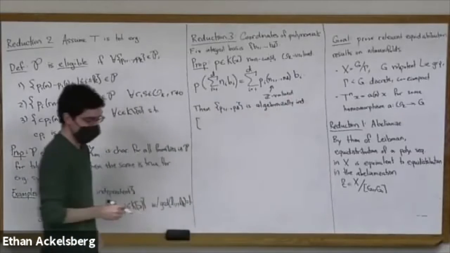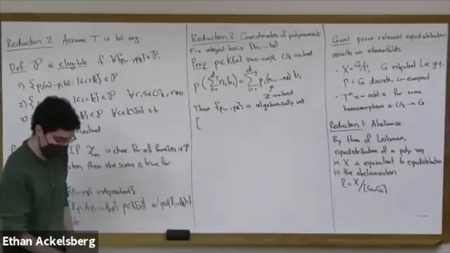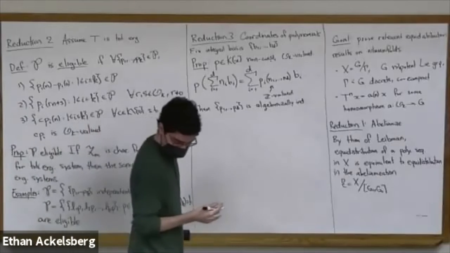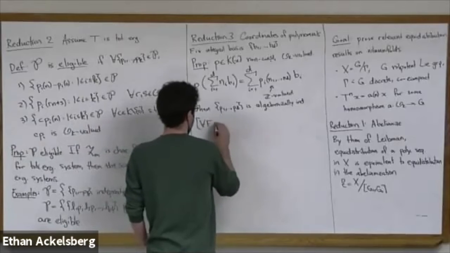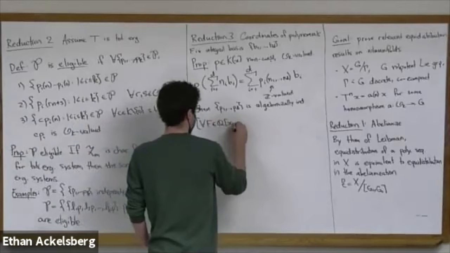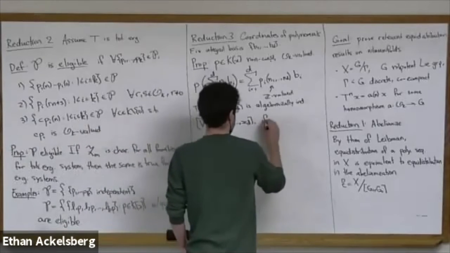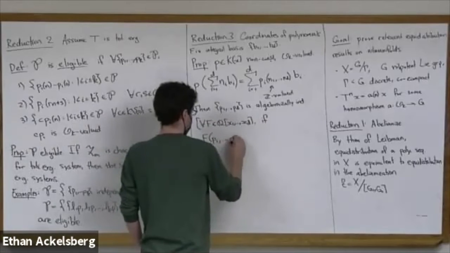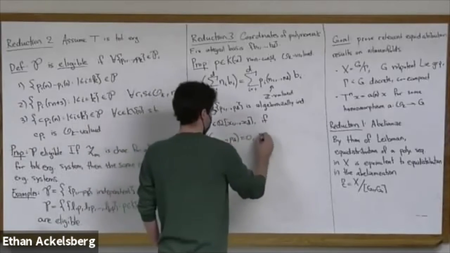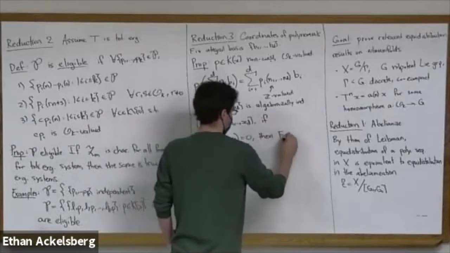Algebraically independent is a much stronger property than linear independence. It means that for any function, say for Q with d variables, if f of P1 through Pd equals 0, then f is equal to 0.